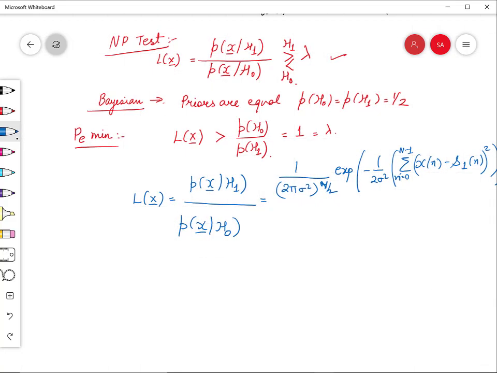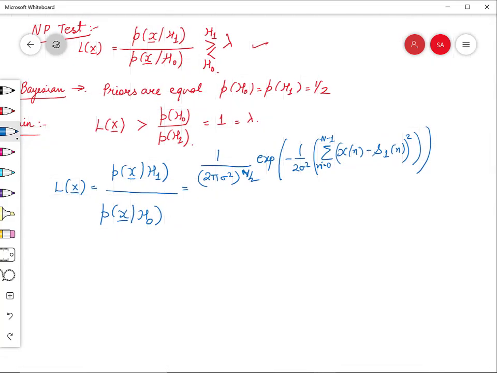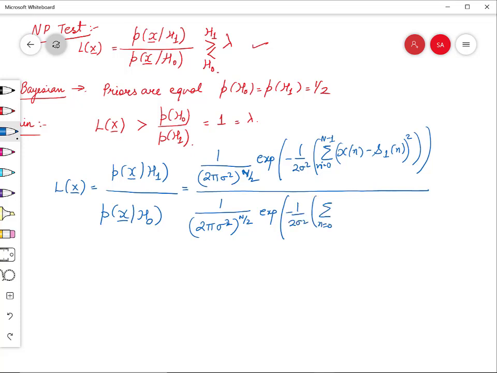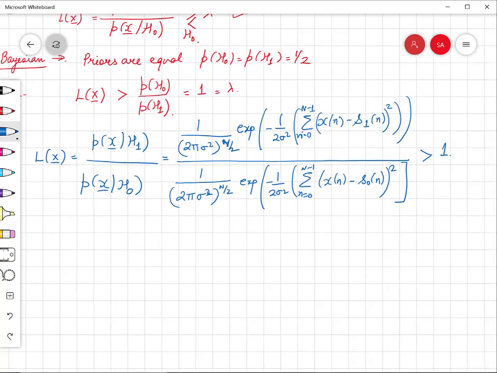Alright, so this is the likelihood for the h1 hypothesis, and for the h0 hypothesis, or the null hypothesis, I have the same thing again, and inside it becomes summation n from 0 to capital N minus 1 of (x[n] minus s0[n]) whole square. And this I am saying to be greater than 1.